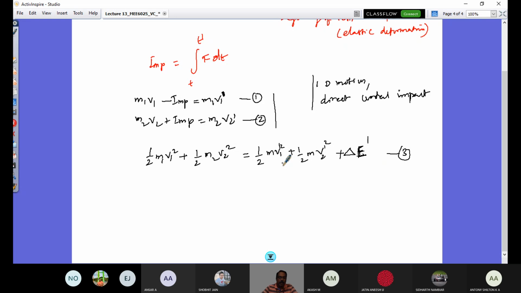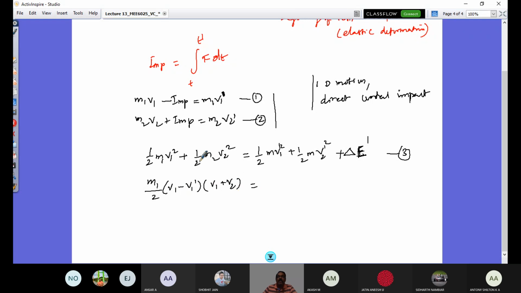I'm going to play around with these terms by exchanging them. I take the V1 dash kinetic energy term from the right side onto the left side, and I get my expression like this: M1 by 2 into V1 square minus V1 dash square, which I can rewrite as V1 minus V1 dash into V1 plus V1 dash.